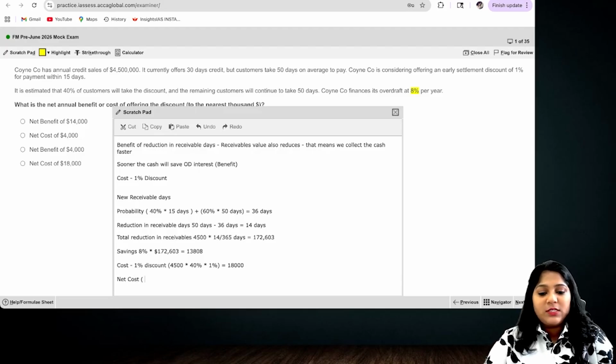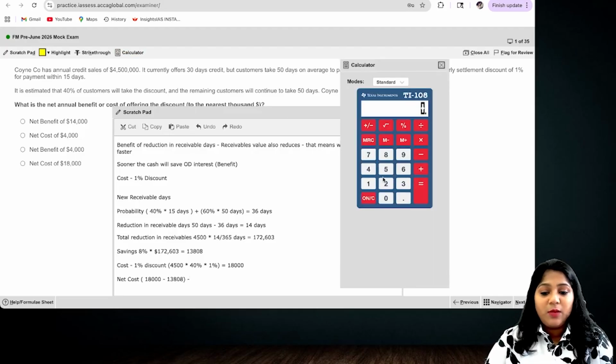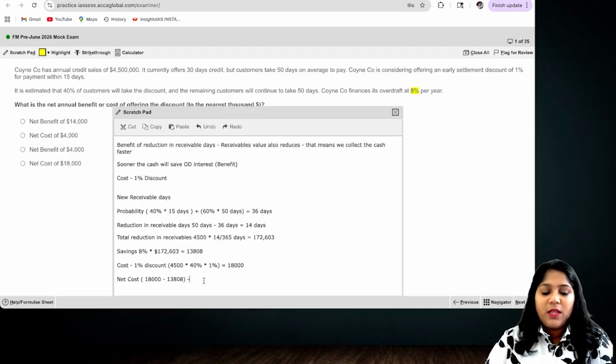So what is the net cost? Because I see the cost is higher. 18,000 is the cost that I'm incurring to save 13,808. So approximately, how much more cost am I actually incurring, guys? 18,000 minus 13,808 gives me an overall net cost of $4,192.